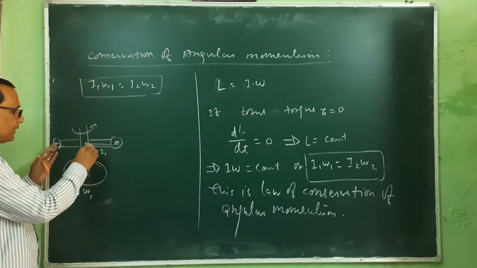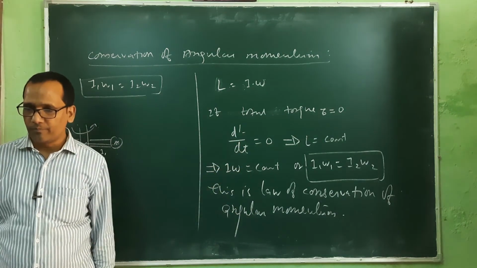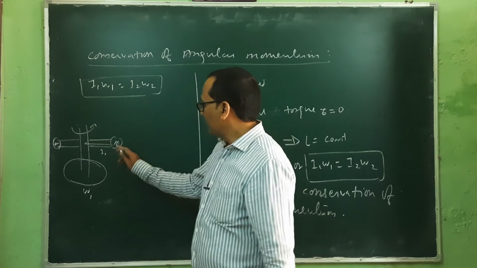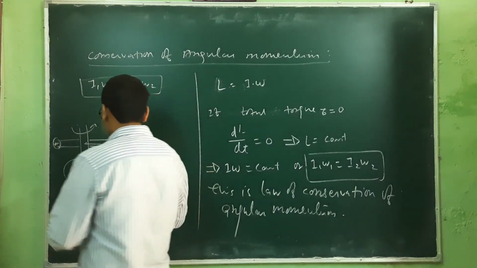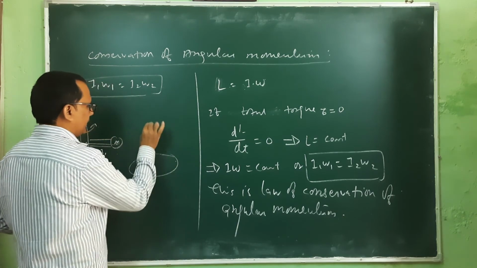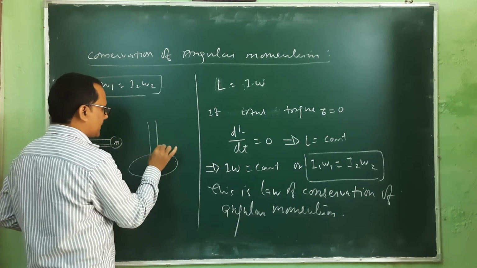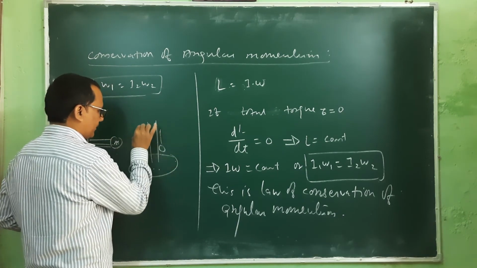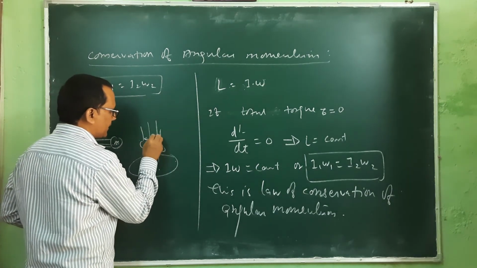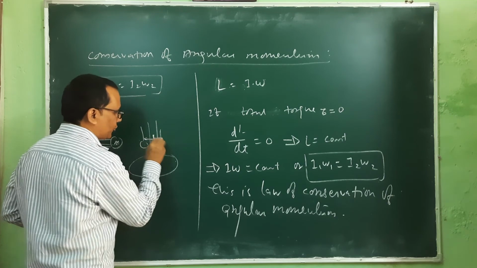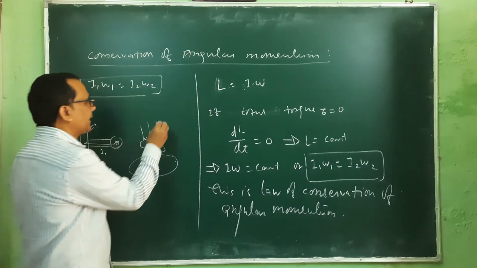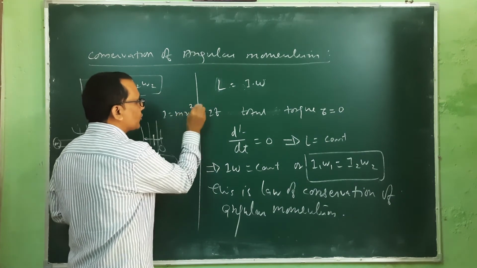Suddenly the person just brings the arms down like this. Now this mass is somewhere here, so the linear distance from this axis is reduced, and we know that I is equal to mr square.